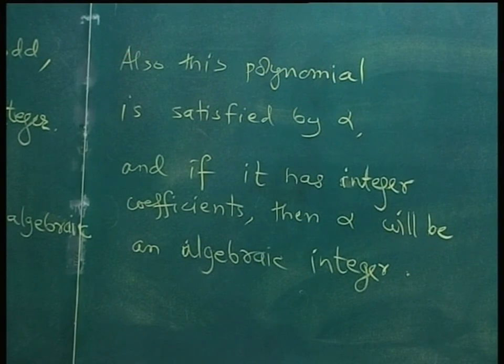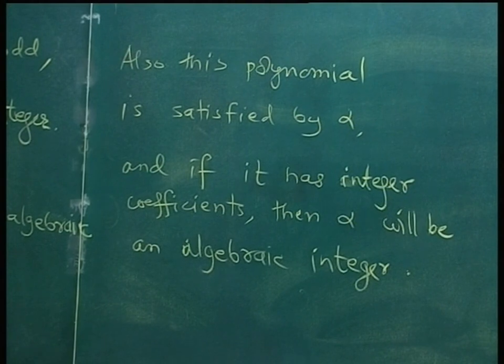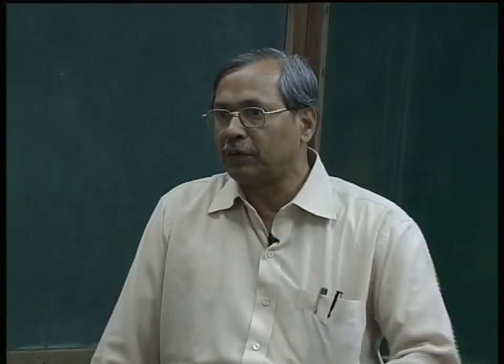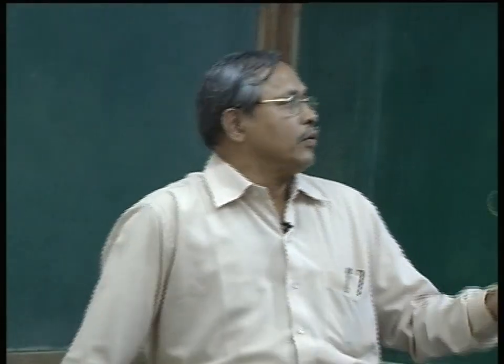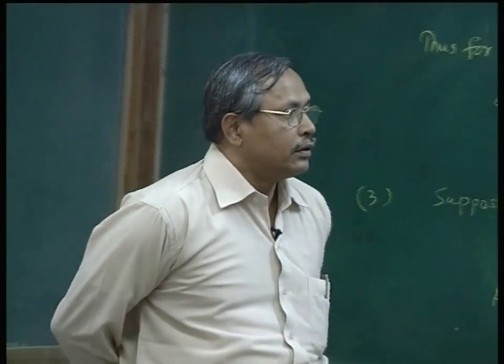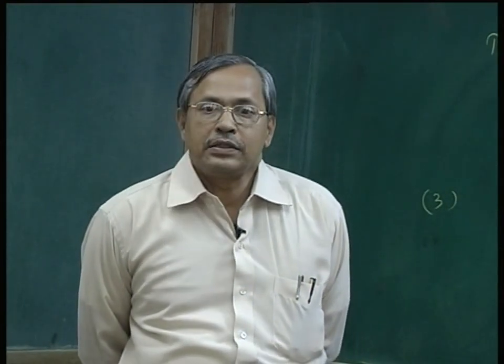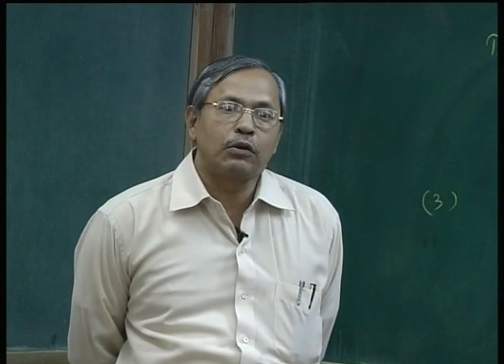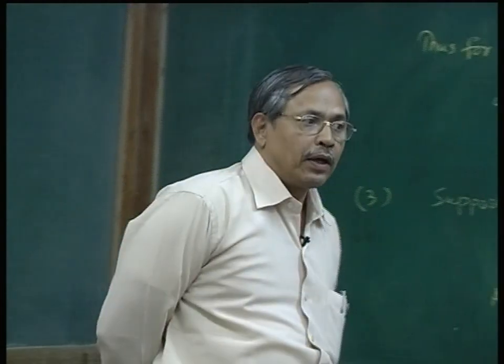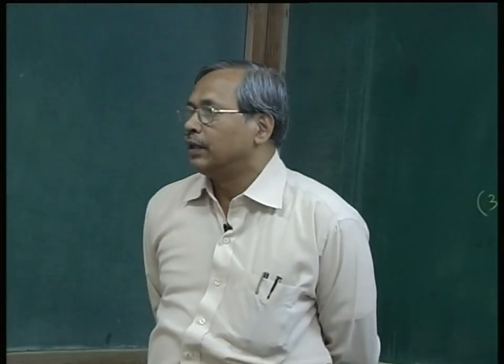So what we have seen here is that if alpha is an algebraic integer, whether b is not equal to 0 or b equal to 0, in any of these cases, this polynomial has integer coefficients. If this polynomial has integer coefficients, then because alpha is the root of this, alpha is going to be an algebraic integer.